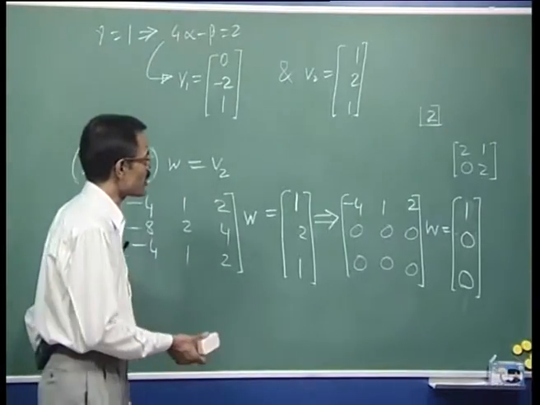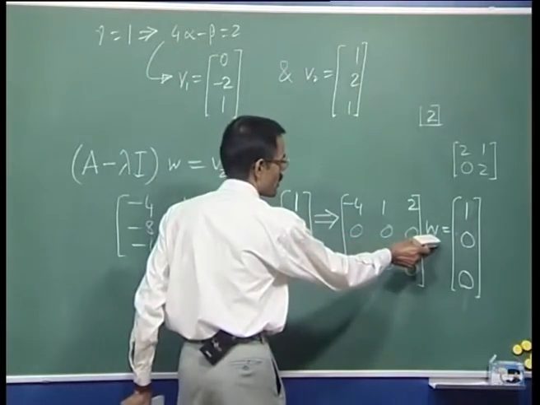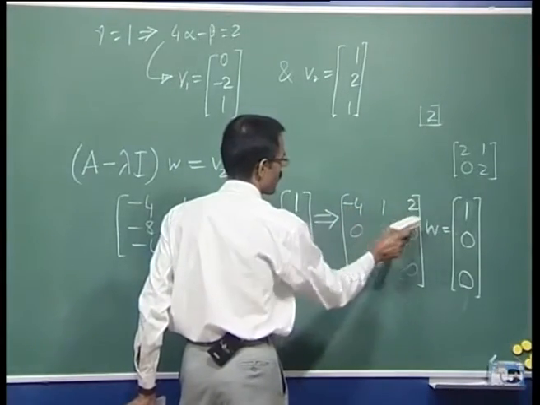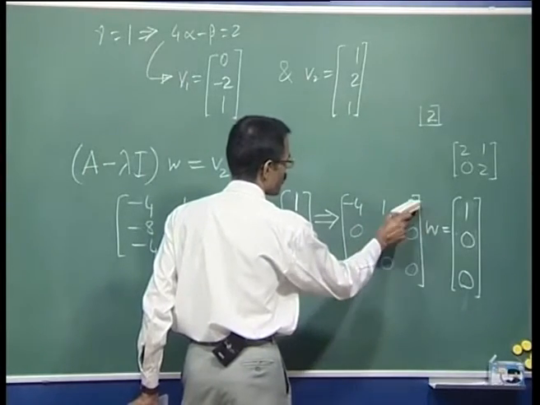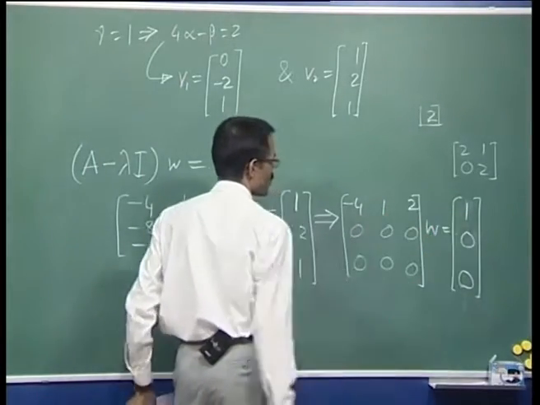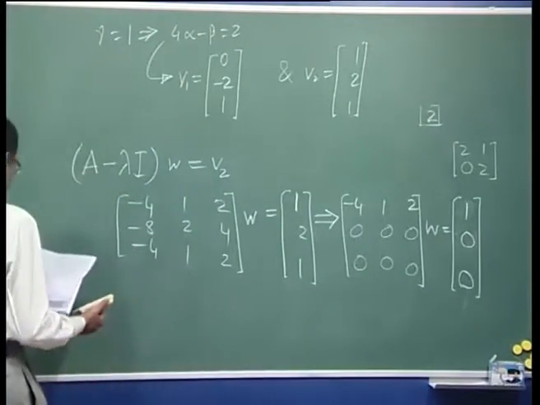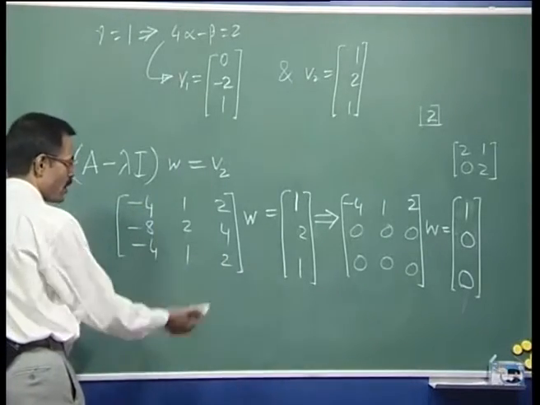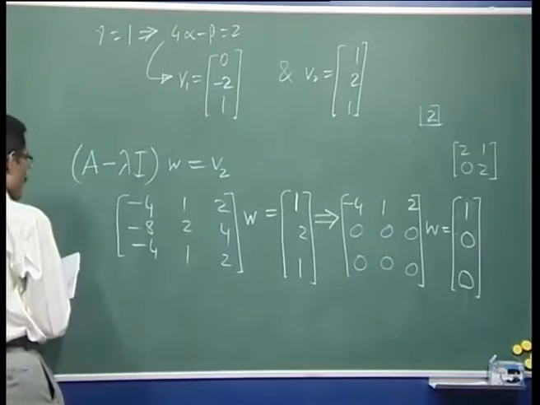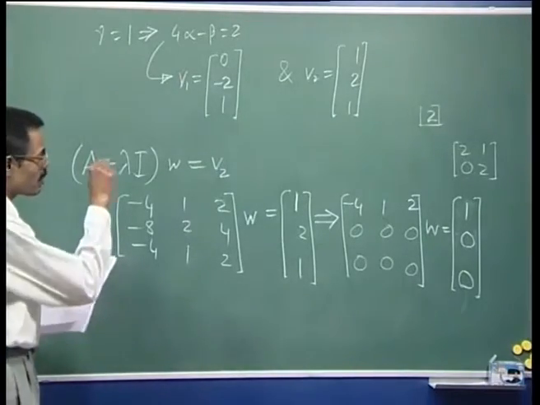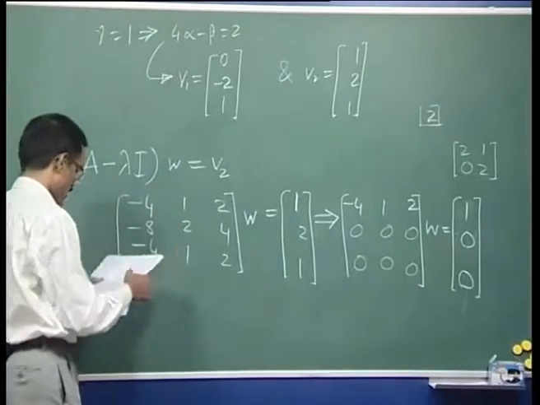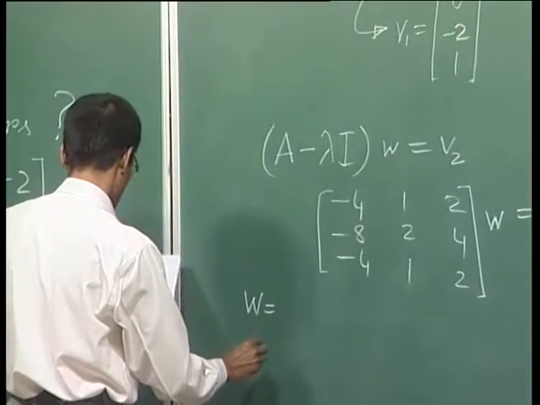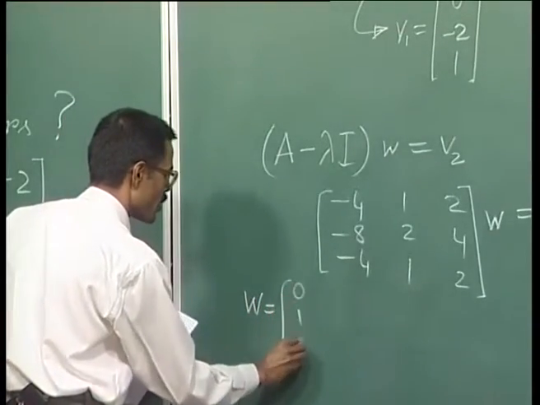So, as this is consistent now, then you will find that W can be determined, okay, minus 4 times the first element of W plus 1 times the second element of W plus 2 times the third element of W is 1. So, from there any W vector which satisfies that equation is a valid generalized eigenvector to be used with the second eigenvector. So, suppose we can take W to be 0 1 0.